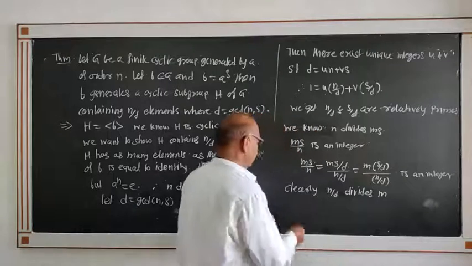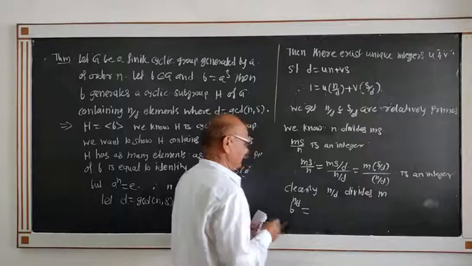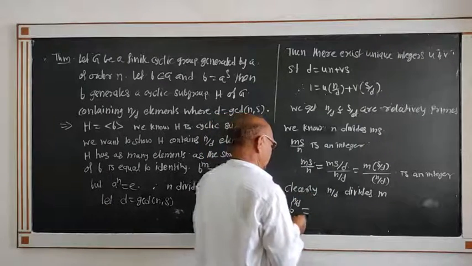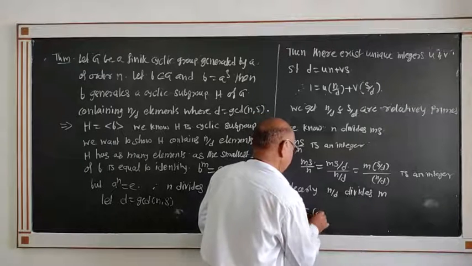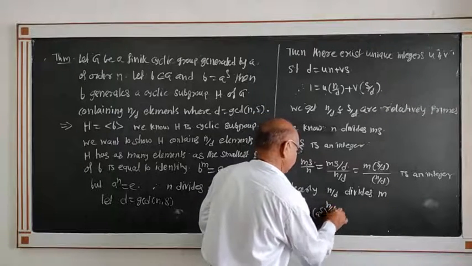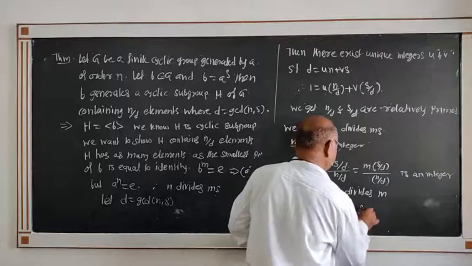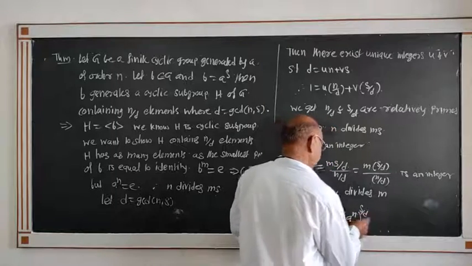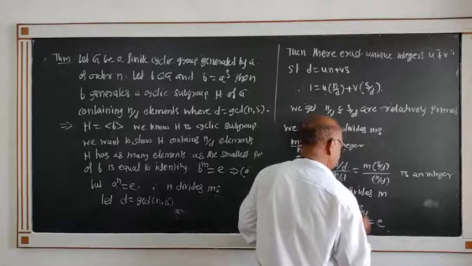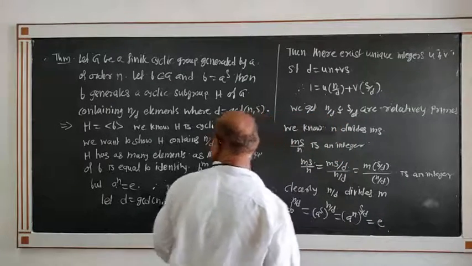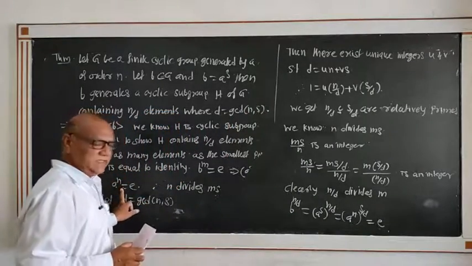Now here B to the power n by d is equal to, putting the value of B, A raised to s times n by d. This is equal to A raised to n times s by d. But A raised to n is equal to identity because the order of A is n.